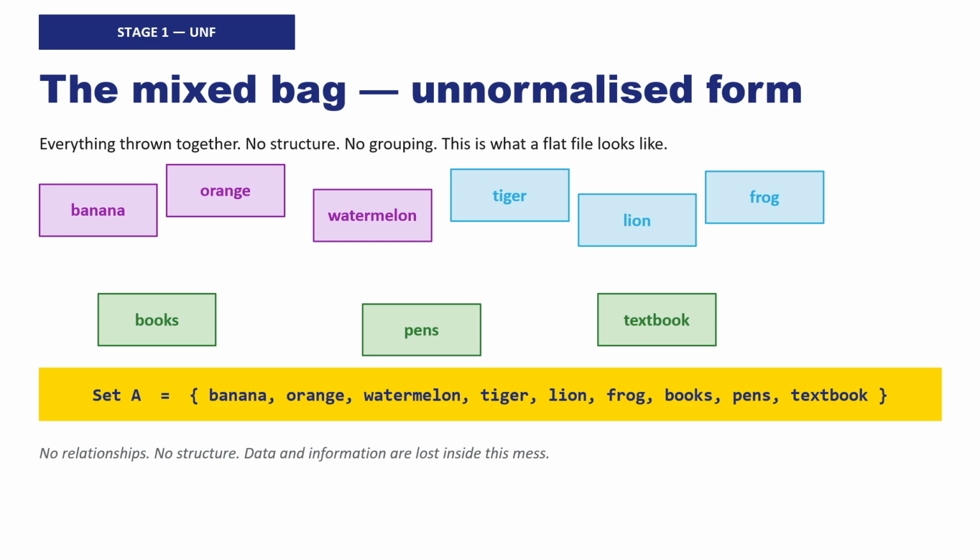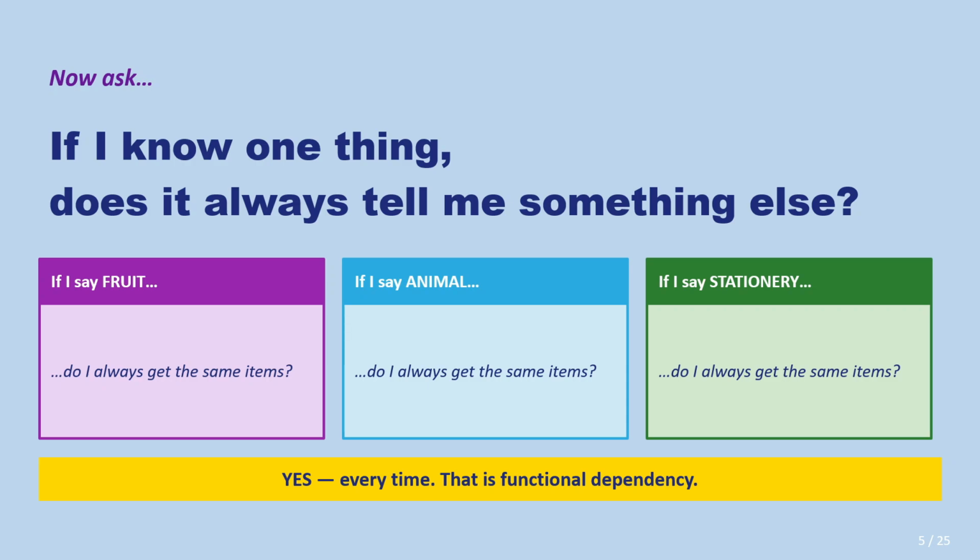But if we look at this carefully, we notice that banana, orange, watermelon have something in common. Tiger, lion, frog also have something in common, as well as books, pens, and textbooks. So we can categorize these items. So the question now is, if I know one thing, does it always tell me something else?